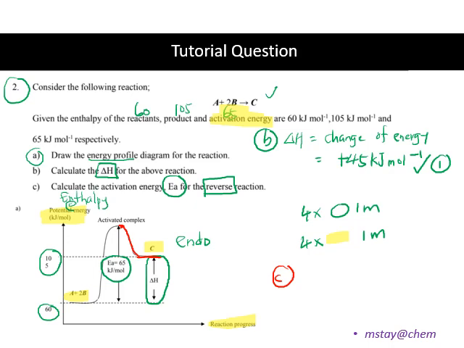Then the delta H over here, as we already know, is 45 kilojoule per mole. So if I want to find out this area, we are going to use the activation energy of the reverse reaction, which will equal 65 minus 45, which is equal to 20 kilojoule per mole. So here another 1 mark.